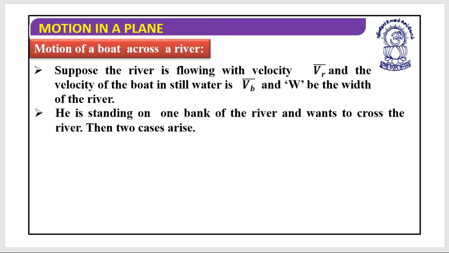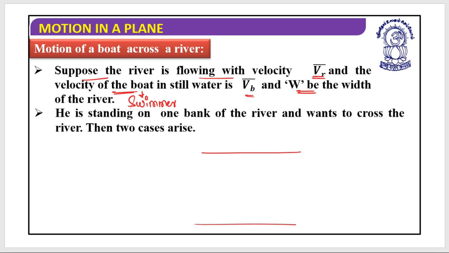Now one more situation. Suppose the river is flowing with velocity Vr, and the velocity of the boat, you can even consider it here as a swimmer, the velocity of a boat or swimmer in still water is Vb, and w is the width of the river. Suppose the situation is something like this.